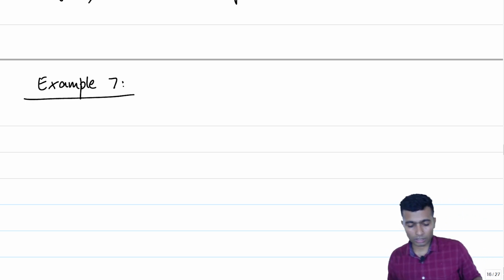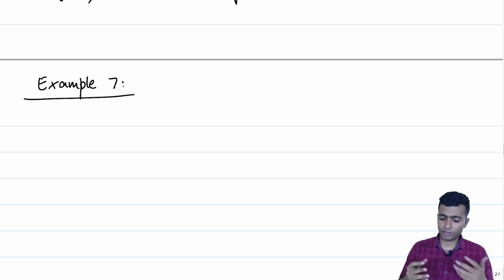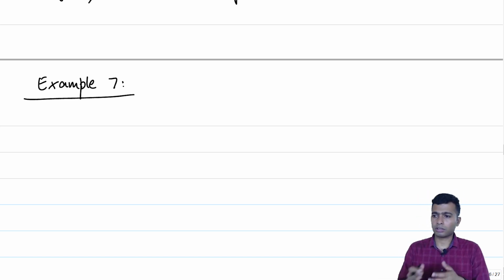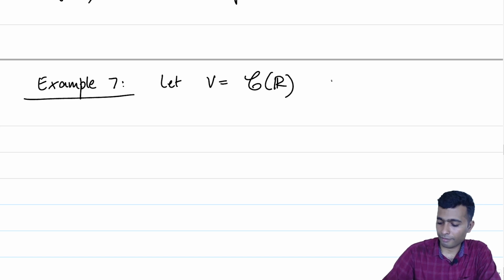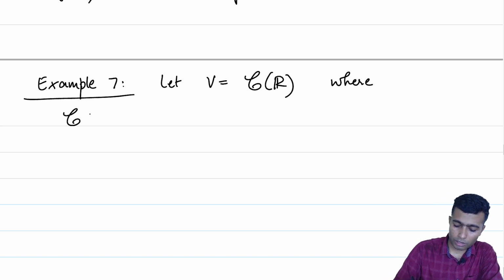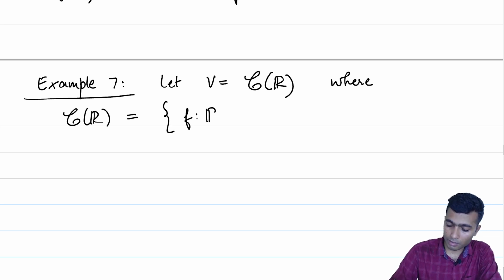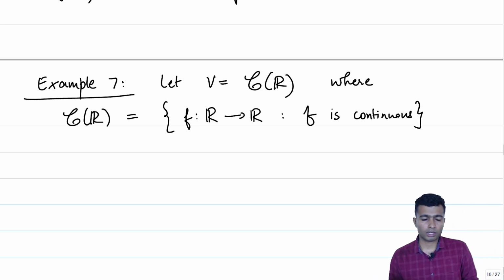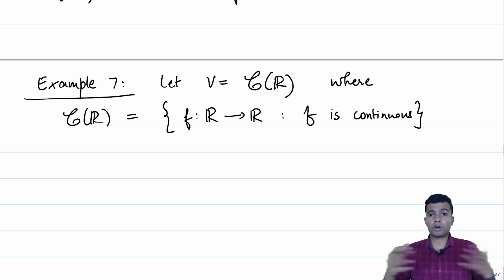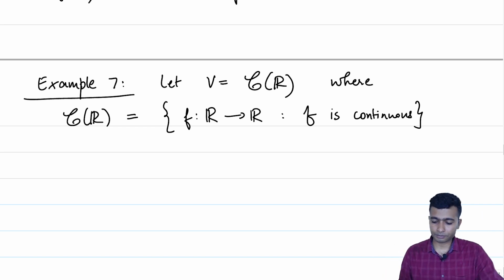So, this is an example which is not similar to what we have seen till now. Let V be equal to C of R, where C of R is the collection of all functions from R to itself such that f is continuous. So, if you have seen the notion of continuous functions, let us look at the set of all continuous functions from R to itself.